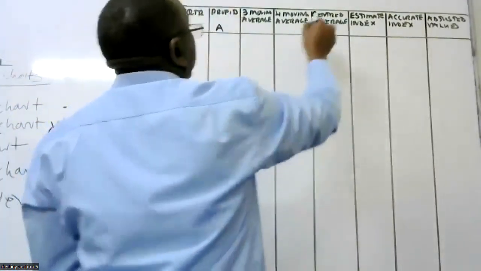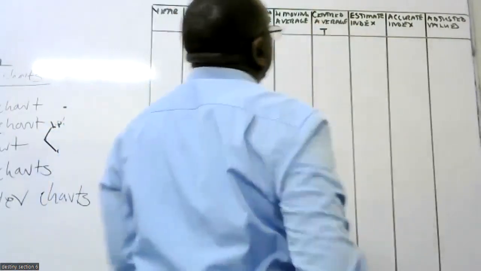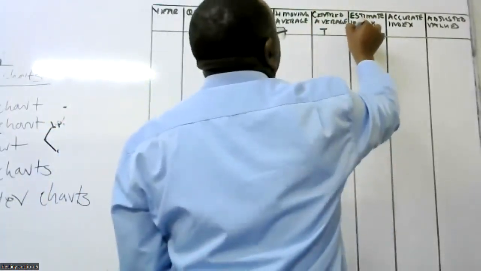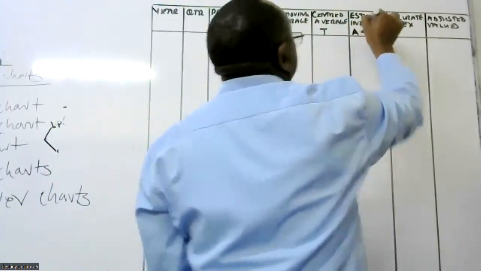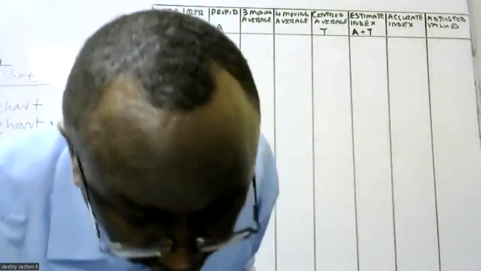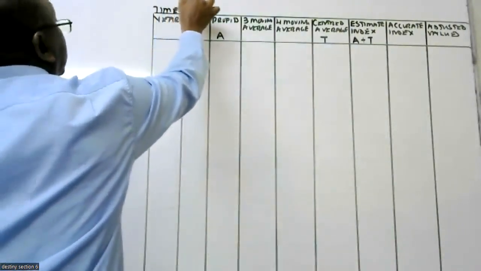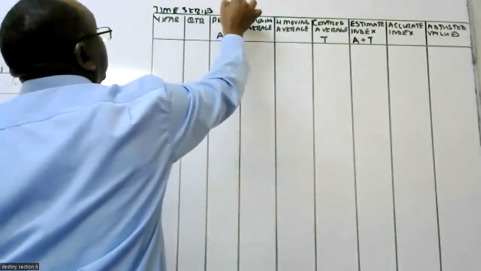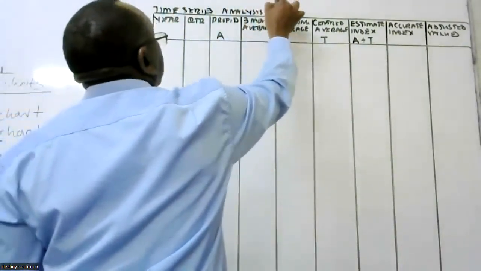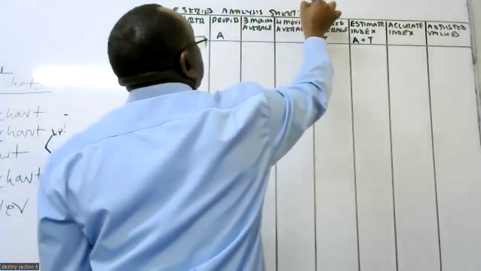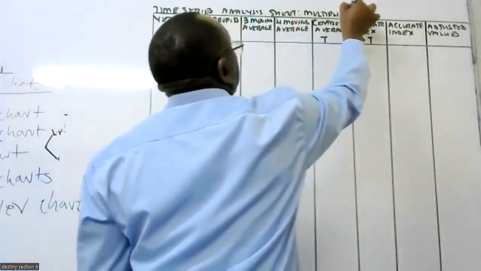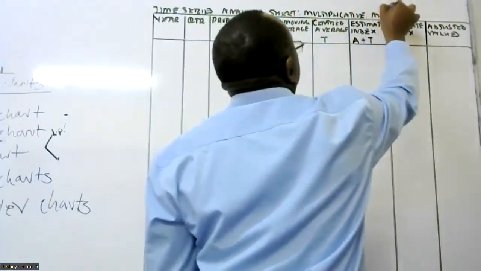So this is my A. This will be my T. This will be my A divided by T, because we are taught to use the multiplicative model. So the title is time series analysis table, multiplicative model.